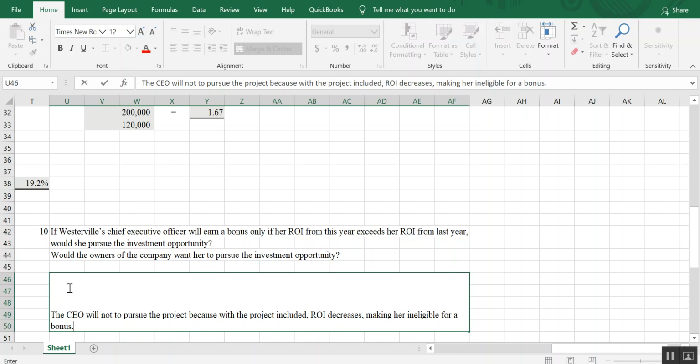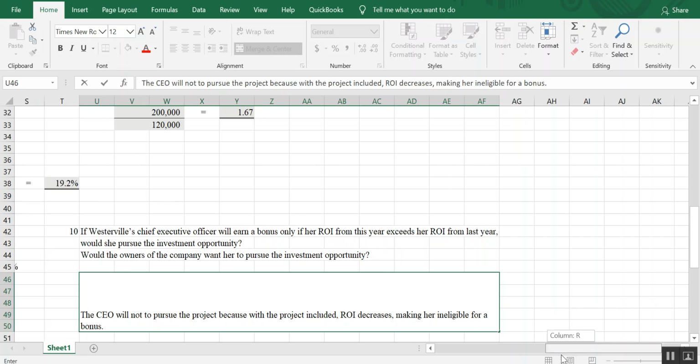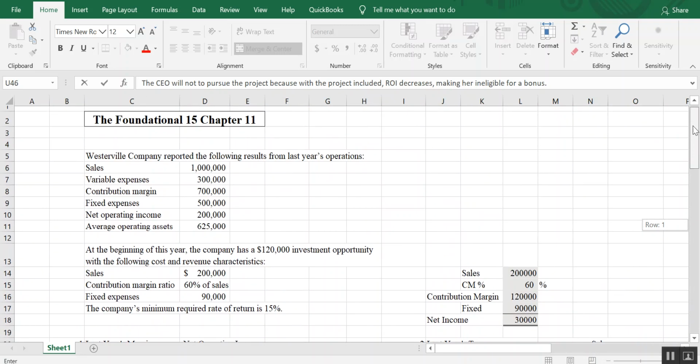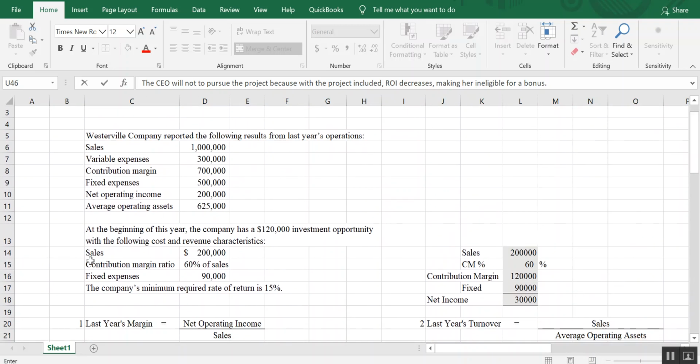Now the question is, would the owners of the company want her to pursue the investment opportunity? Let's go back and take a look at the criteria they gave us for the owners. If you look up here, they say the company's minimum required rate of return is 15%.